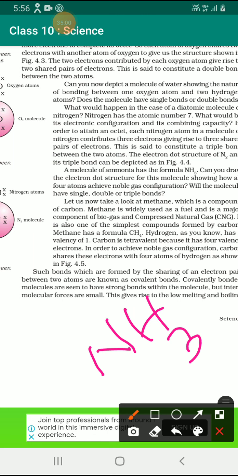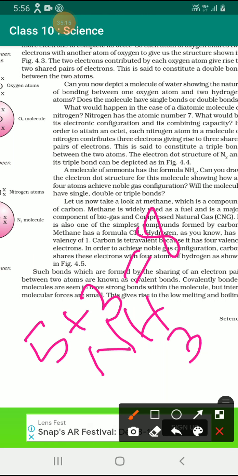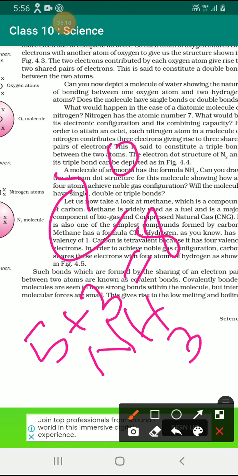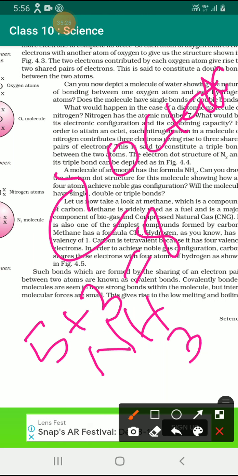N has 5 electrons in the outermost orbit, hydrogen has only 1, and 3 get connected. So 5 plus 3 becomes 8, and 8 is called an octet structure. Got it? So children, in this way it's going to work.